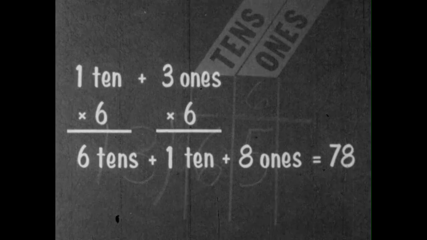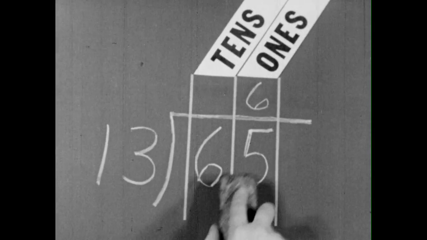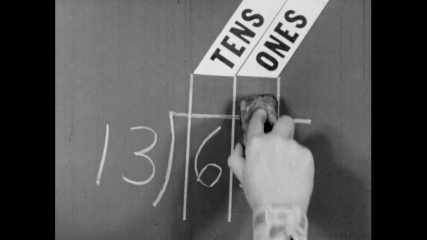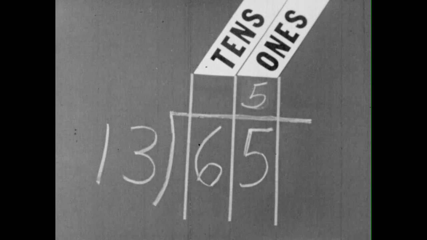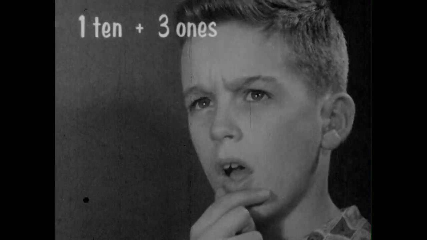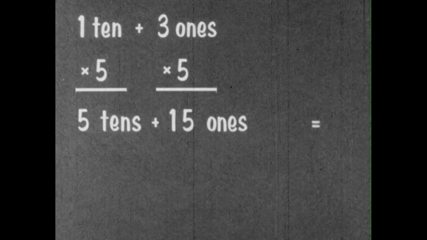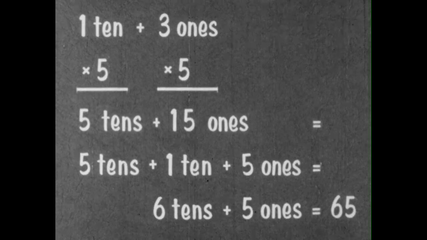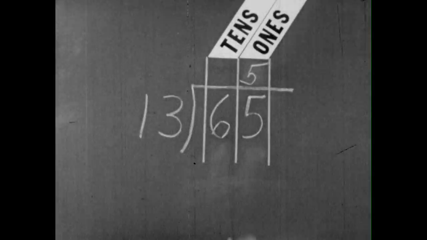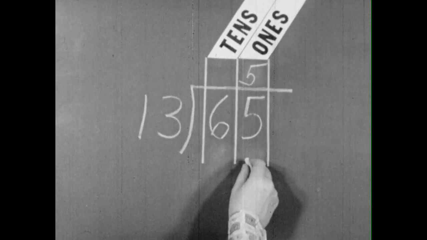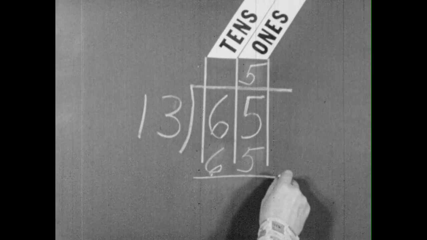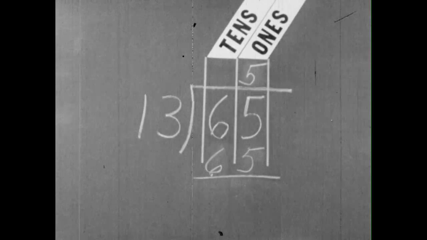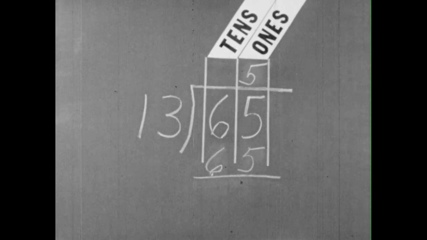But 78 is larger than the dividend 65, so 6 is not the true quotient. That's right. Try 5. 5 times 13 equals 65. Since 65 is our dividend, 5 is our true quotient. 5 13s, or 5 groups of 13 ones, equal 65 ones.